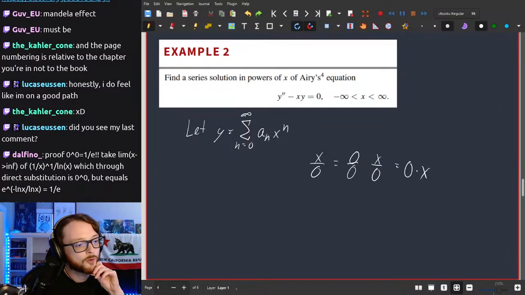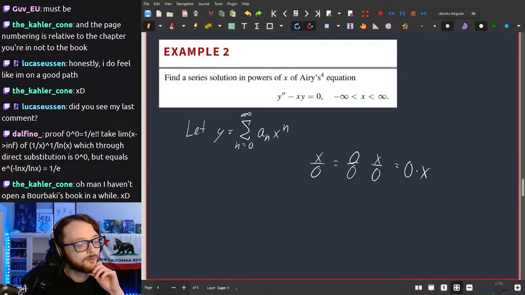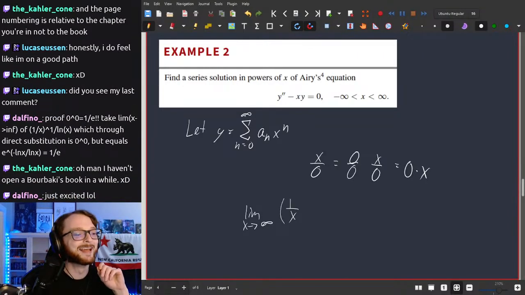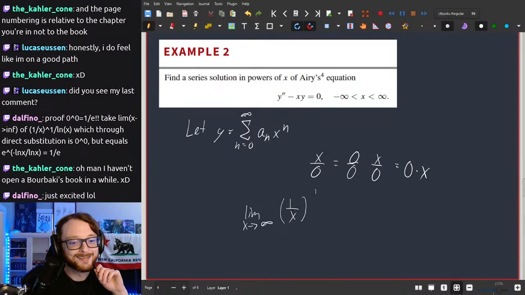Dolphino, welcome in. 0 to the 0 equals 1 over e double factorial? Or just you're excited and those are exclamation points? Limit as x goes to infinity, 1 over x to the power of 1 over ln x.